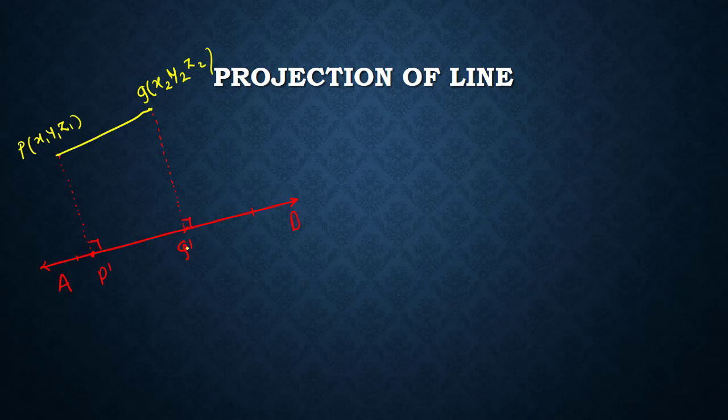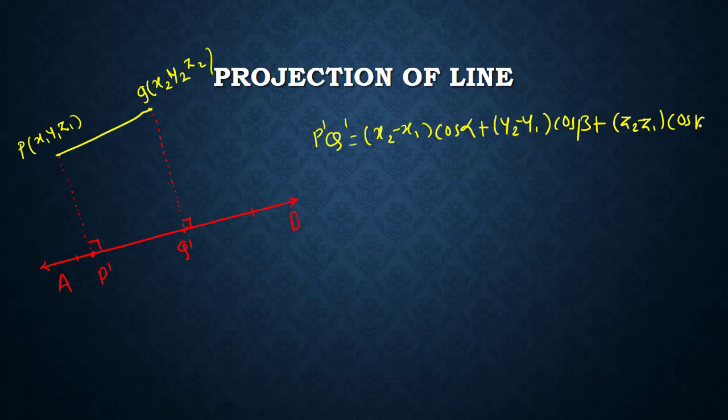So what is the formula to get this P dash Q dash? P dash Q dash is always equal to (x2 minus x1) cos alpha plus (y2 minus y1) cos beta plus (z2 minus z1) cos gamma.